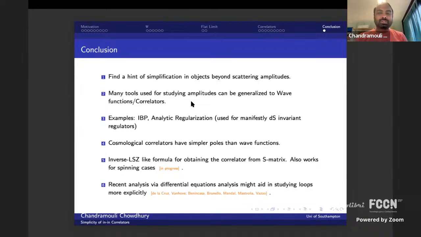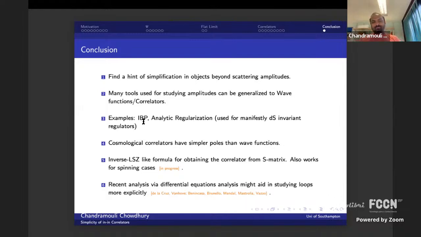And then many tools that you use for studying scattering amplitudes can be generalized to also compute correlation functions in AdS or dS. Some examples include the integration by parts technique. I didn't emphasize that much, but in flat space, the integration by parts technique often helps you evaluate loop integrals. So there were many novel loop integrals which could be evaluated by using integration by parts.